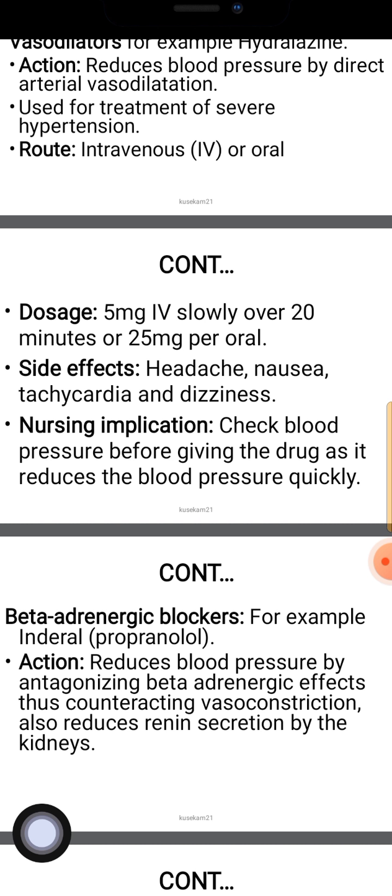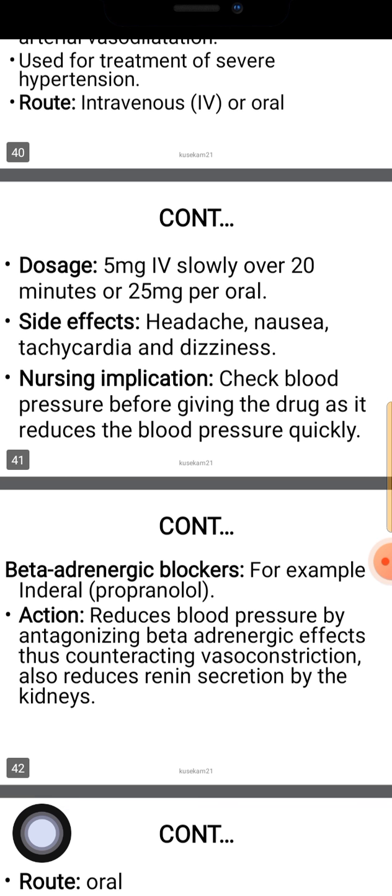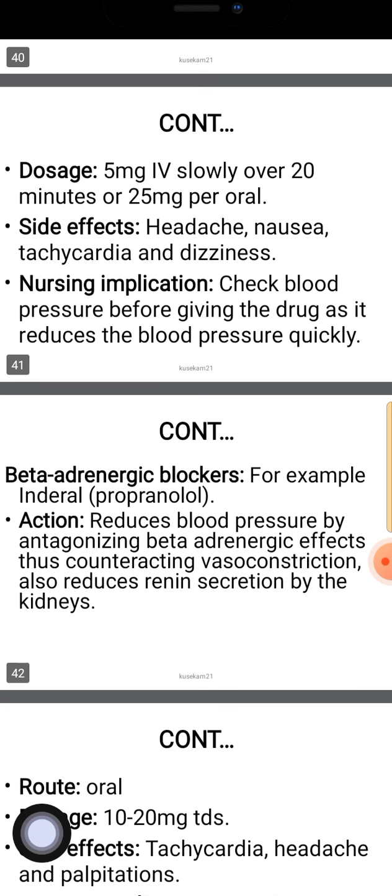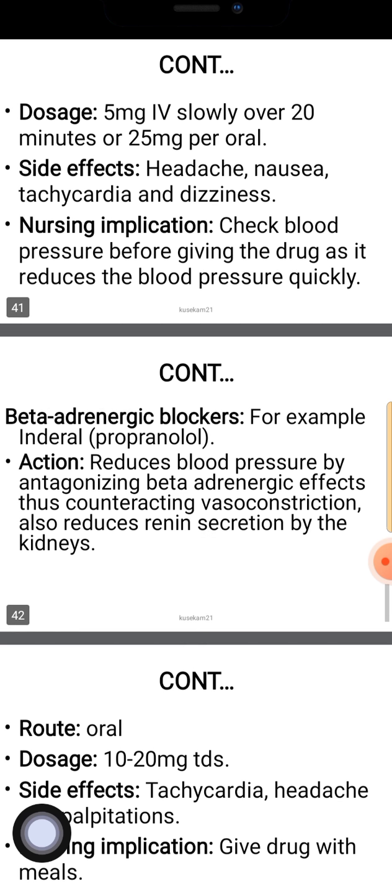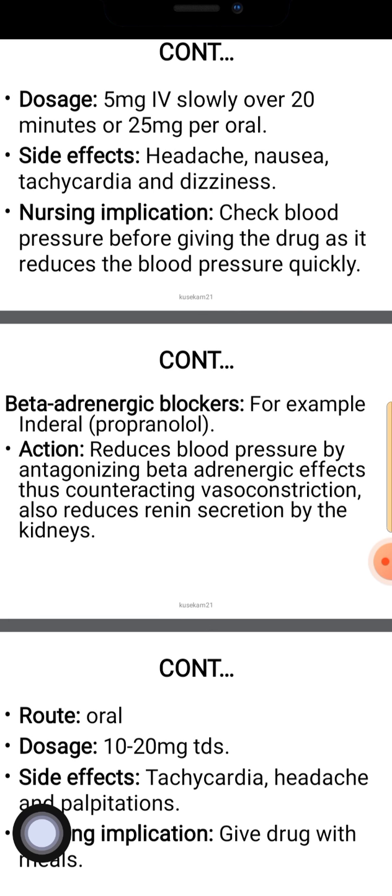Then side effects: headache, nausea, tachycardia, and dizziness. Remember, that's why you give it slowly. Tachycardia is the rapid heartbeat or rapid heart rate. So these are the side effects: headache, nausea, tachycardia, dizziness. Then nursing implication: check blood pressure before giving the drug, as it reduces the blood pressure quickly.